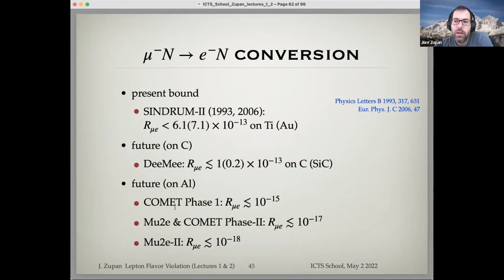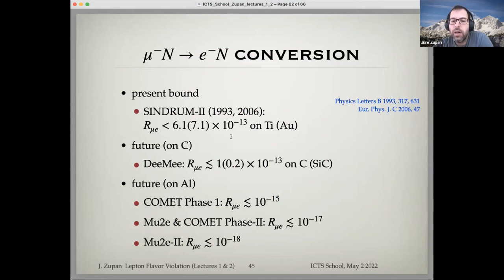COMET is in J-PARC, so Japan. Mu2e and COMET phase 2 are at the level of 10 to the minus 17, and then Mu2e is already talking about the next phase, that will be 10 to the minus 18, and COMET has also a successor, PRISM, that is far in the future.